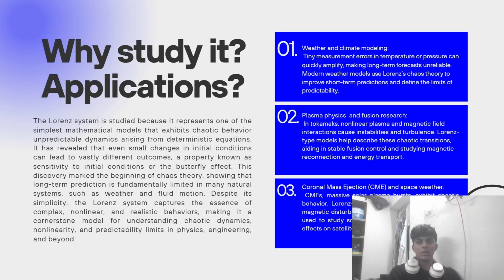So going forward, why do we need to study it and what are its applications? As I had mentioned, the Lorenz system is dynamical in nature. So it has a very chaotic behavior, which is that with very minute changes in its initial conditions, it can have very different outcomes.